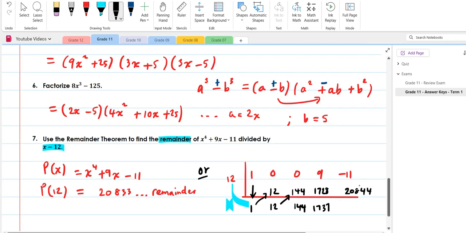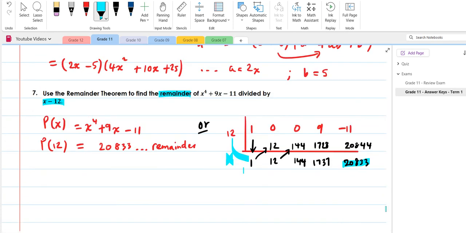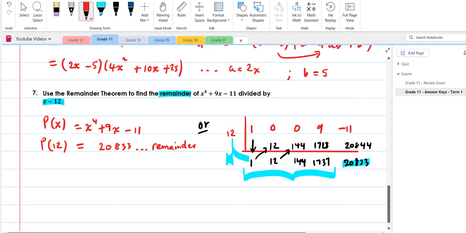And if I add 20,844 to minus 11, you get 20,833. And this is my remainder. And remember, this part represents your quotient, which the question did not ask for. If they did ask for a quotient, there are 4 terms, so it's a cubic function.